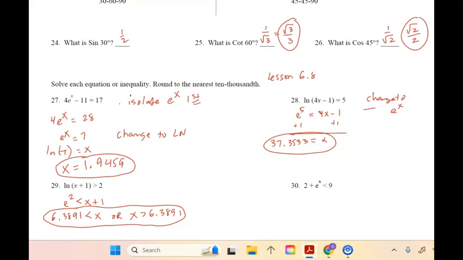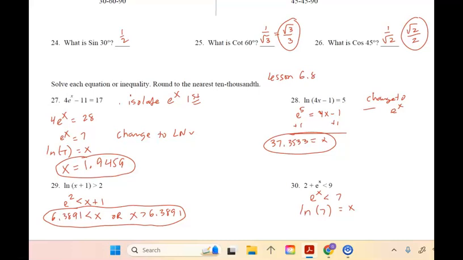And once again, just like number 27, we've got to get e to the x by itself. So we're going to subtract 2. And now I'm going to change it to a natural log equation. So natural log 7 is equal to x. Okay, looks pretty much just like our other one.